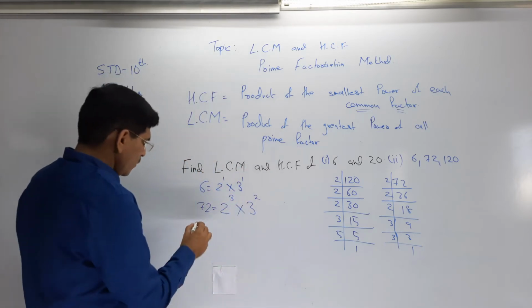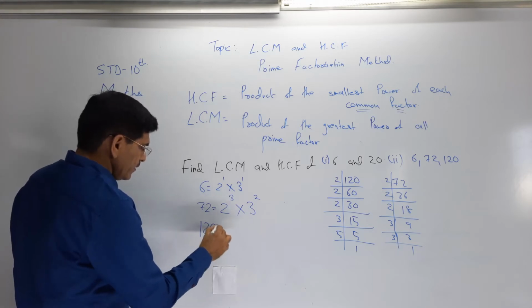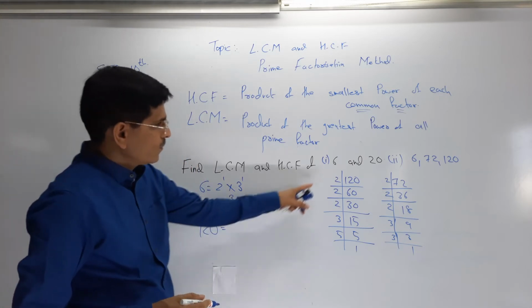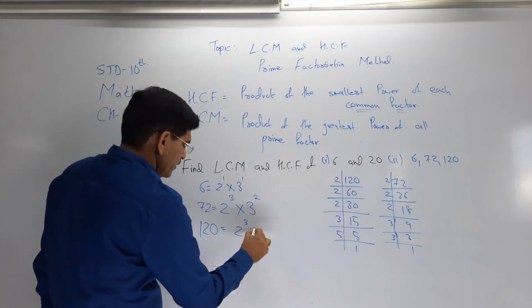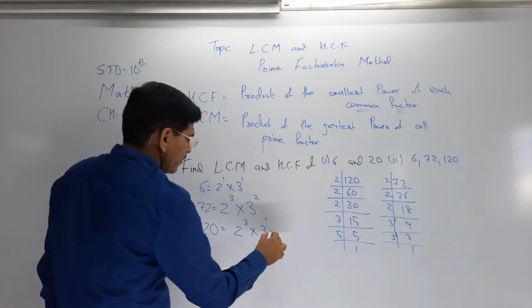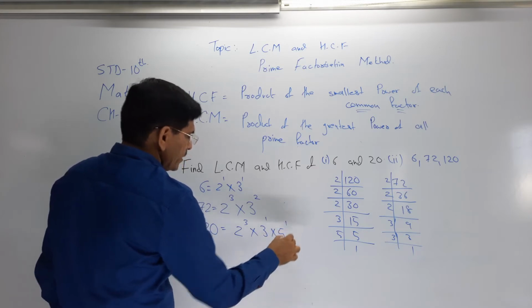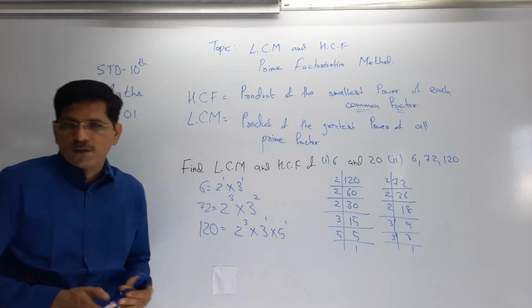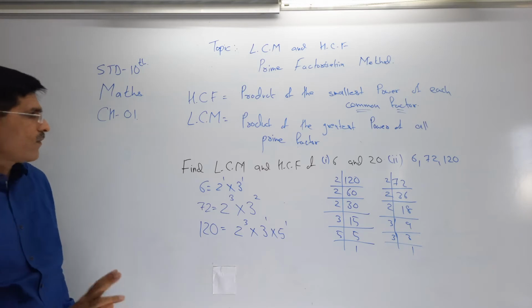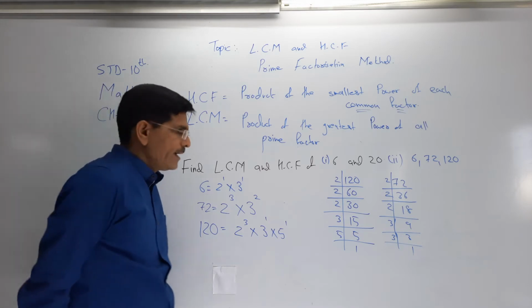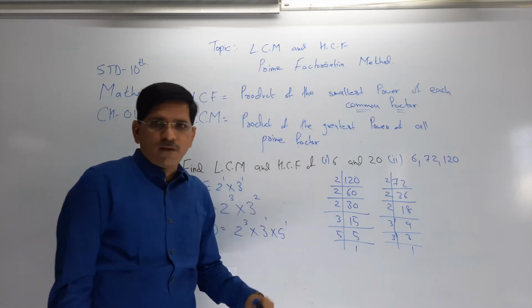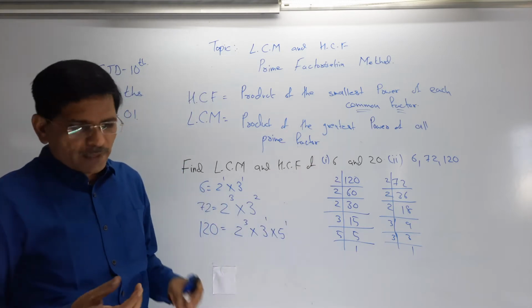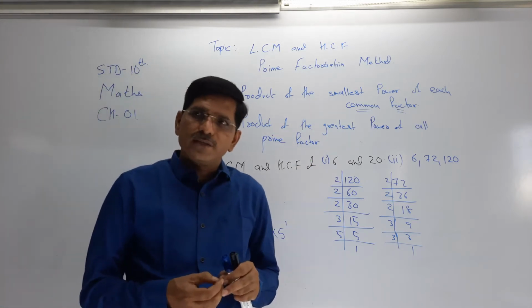Now 120: 2 to the power 3 into 3 to the power 1 into 5 to the power 1. Now we can easily find HCF and LCM. What is the first target? We have to make prime factors of each number, that is, prime factors of 6 are 2 and 3.